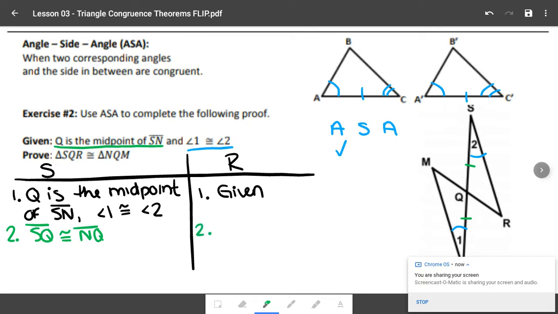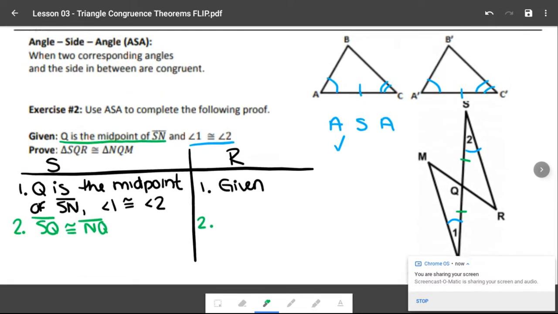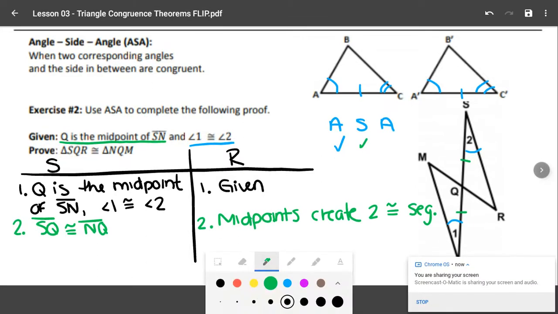Our reason, just exactly what we know here, is that midpoints create two congruent segments. And I can abbreviate that to seg. It's fine as long as I get the idea of what I'm trying to do. But I'll give myself a second check because the segments now are checked off.